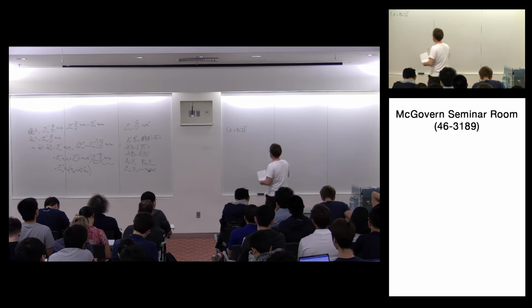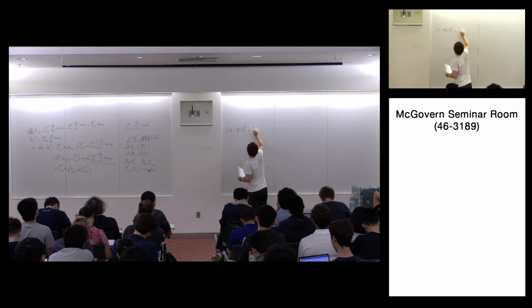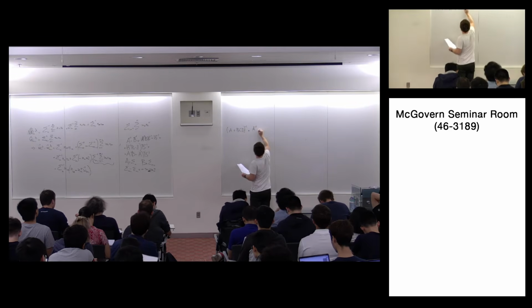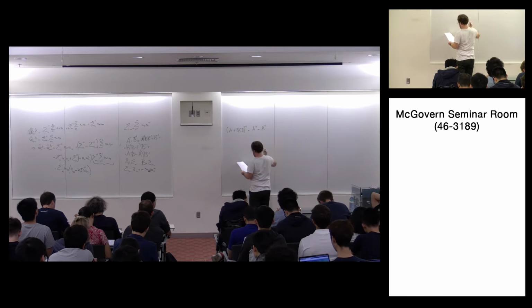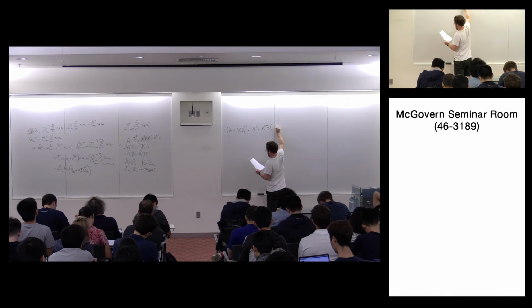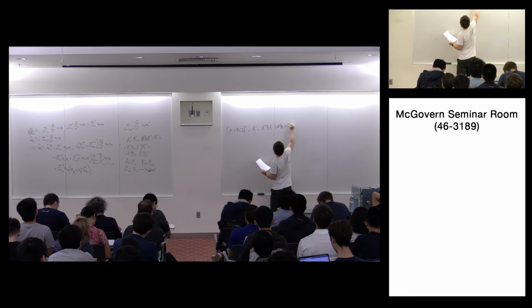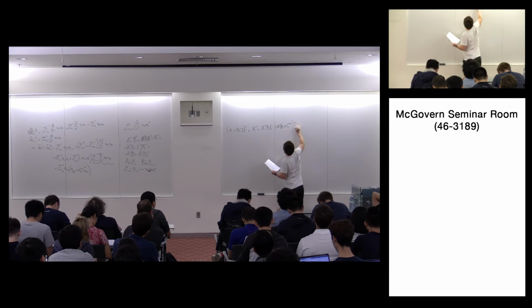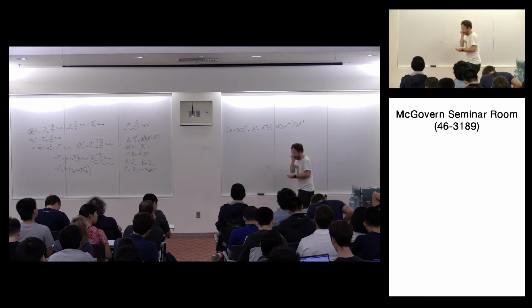So let me write down the general expression. The general expression is A to the minus 1 minus A to the minus 1 B, then there is a D A minus 1 B plus C minus 1 D A minus 1.